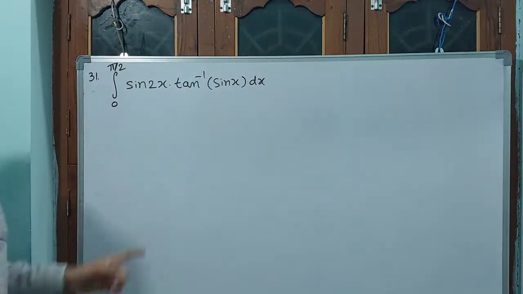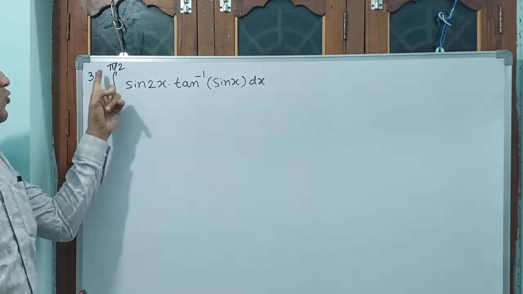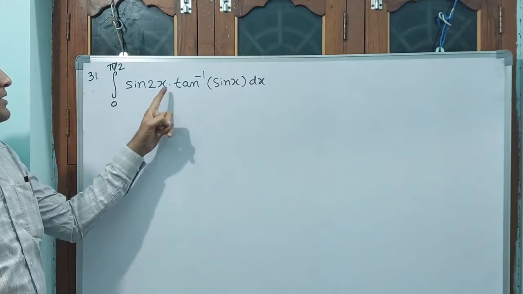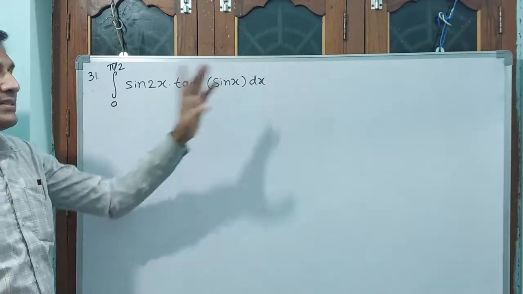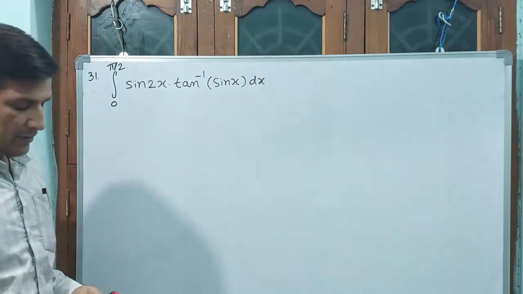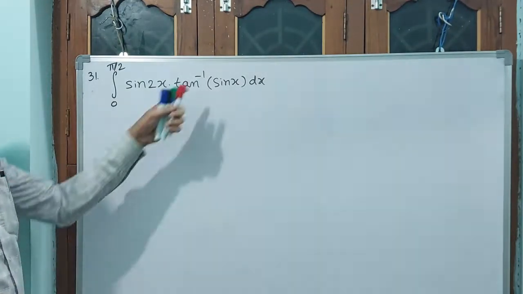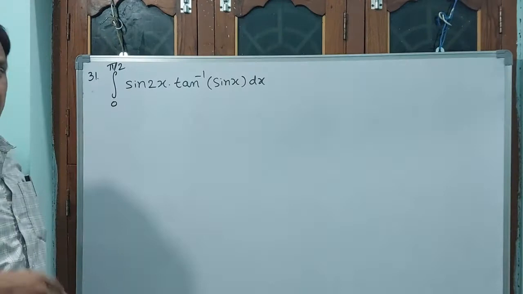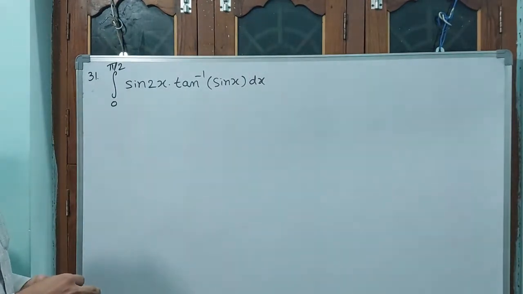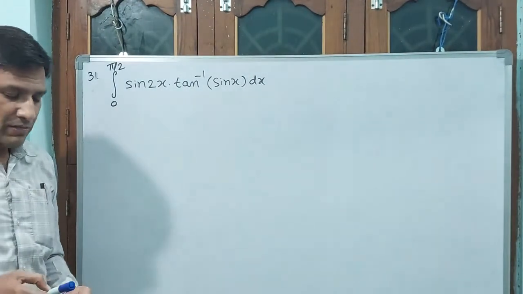Question number 31: integral 0 to pi by 2 of sin 2x into tan inverse of sin x dx. Before taking sin x as t, let us simplify this.